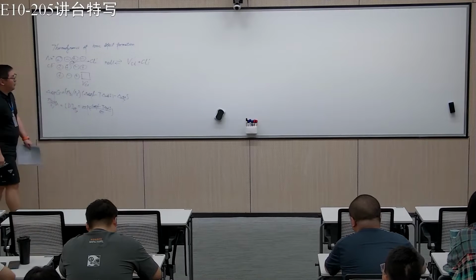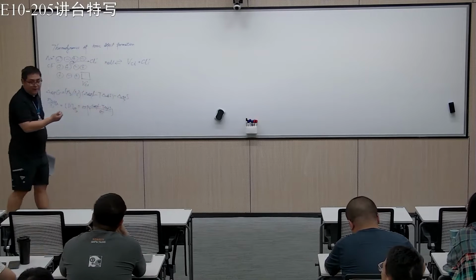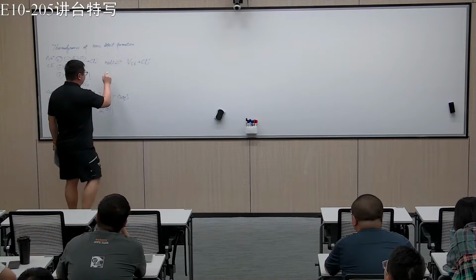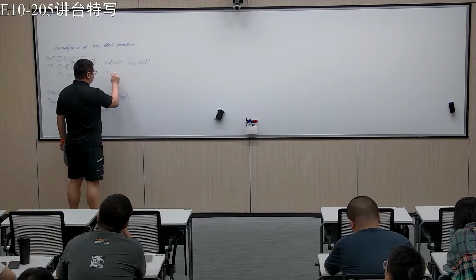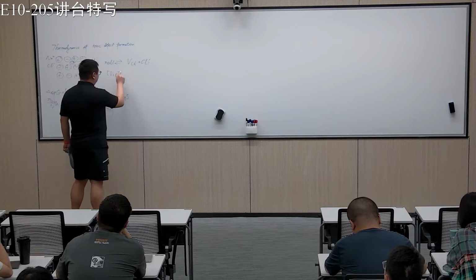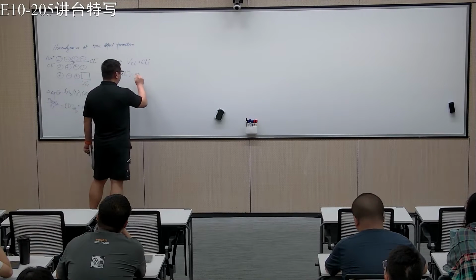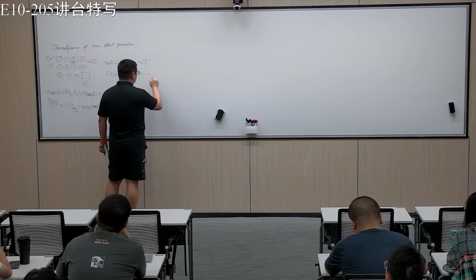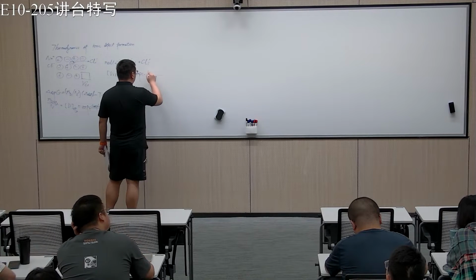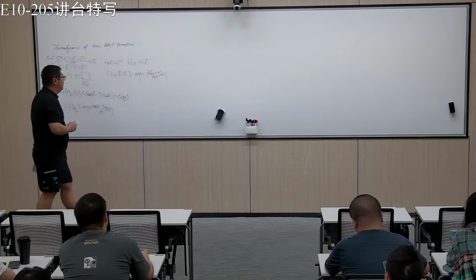Then we moved on to talk about what if we have two different kinds of defects. Then we have a defect reaction. Then we know the product of the fractions of the two defects will be something like this, exponential minus mu 0 over RT.